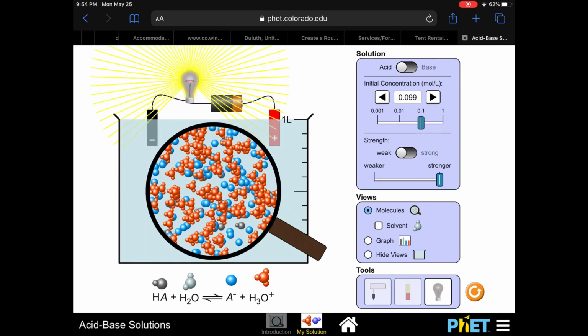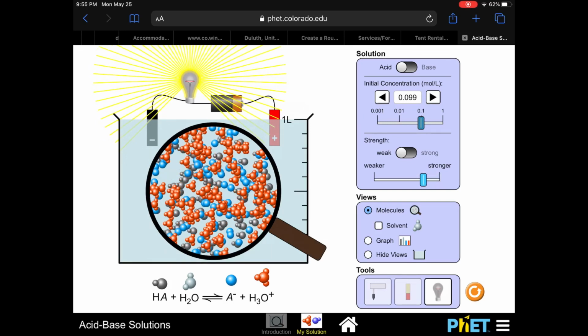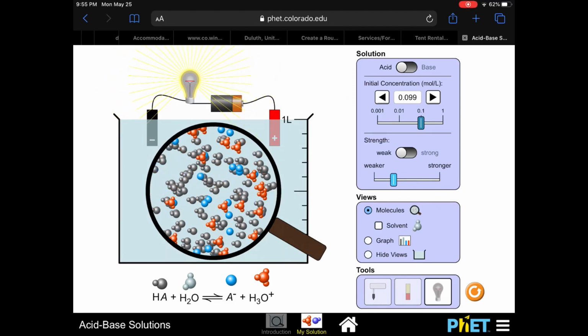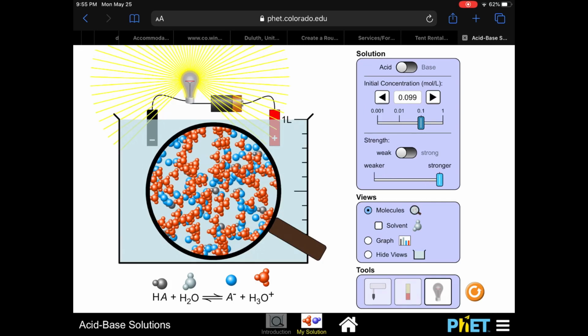It's an electrolytic solution, so it conducts electricity. But if I reduce the strength of the acid, I am also reducing the number of ions in solution, and so less and less electricity is able to be conducted. There's still some ions in solution, so the light bulb is still lit to some extent, but not as much as when we have a really strong acid.